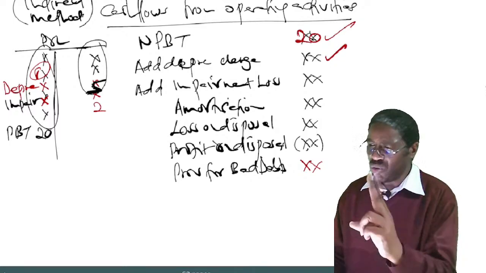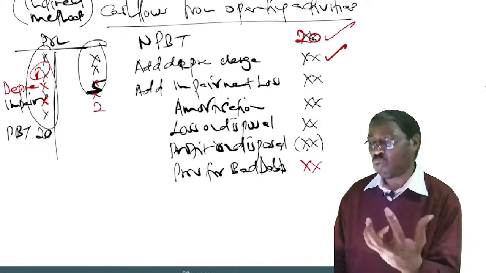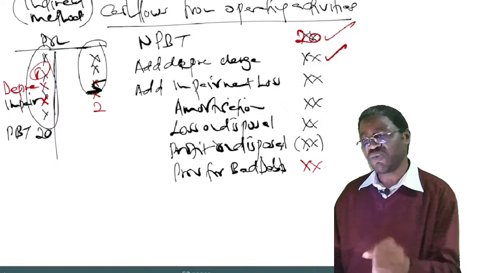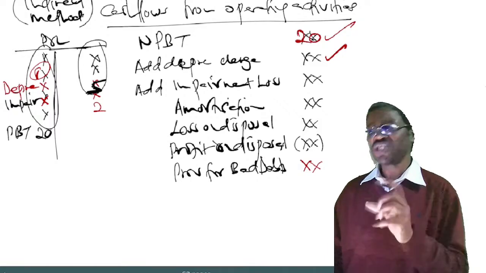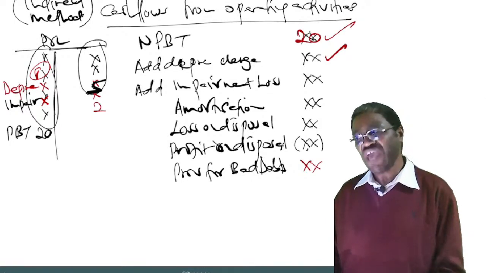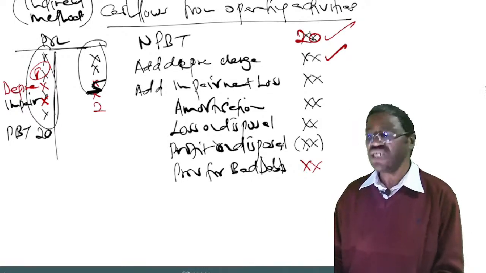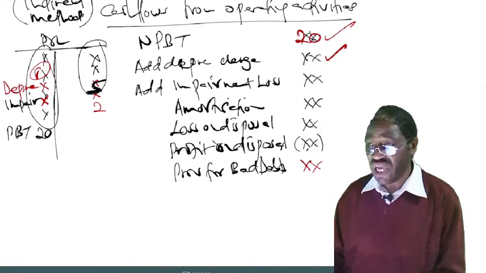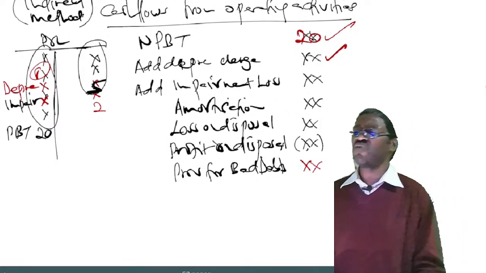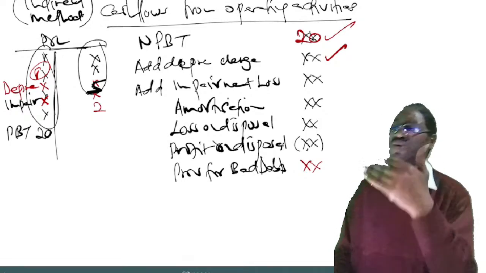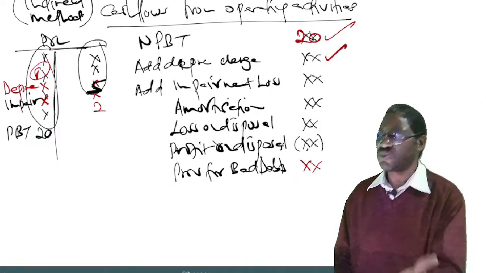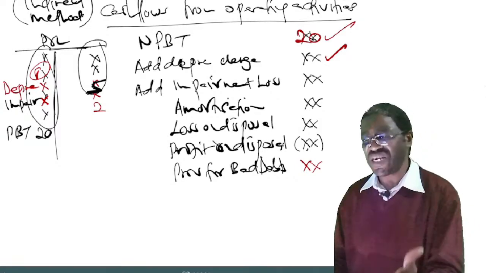There is one more. I have not quoted it. But I would wish somebody would remind us, what is this non-cash item that you ever used in any of the questions that you ever did? These others, which we are talking of, impairment, amortization, loss on disposal, profit on disposal, provision for bad debts.